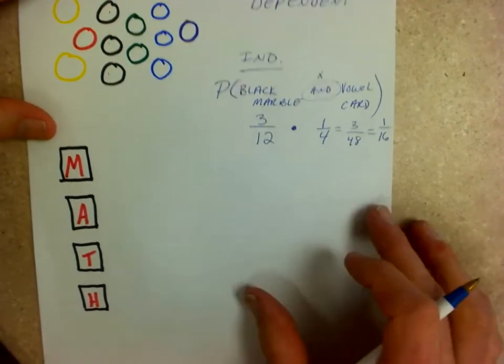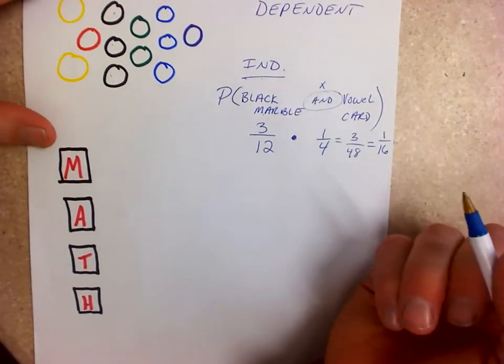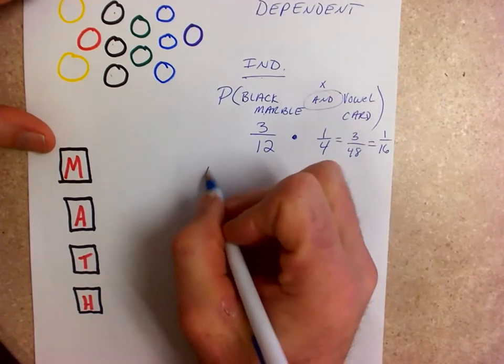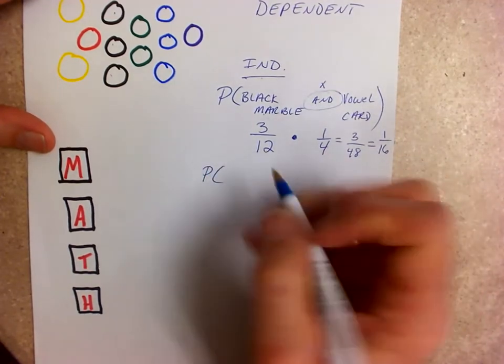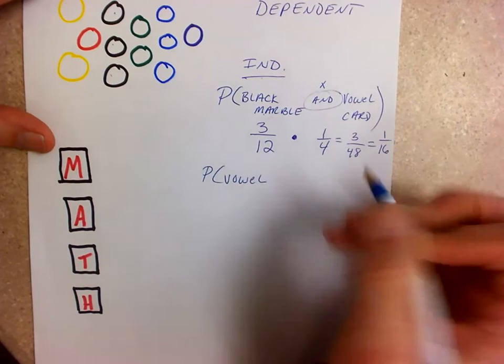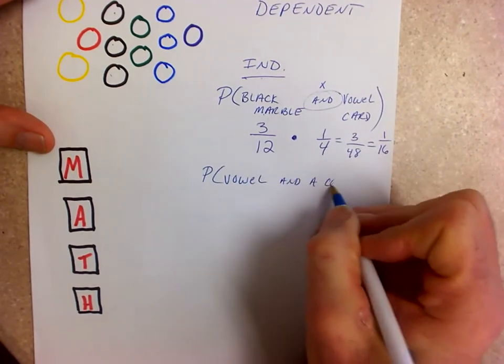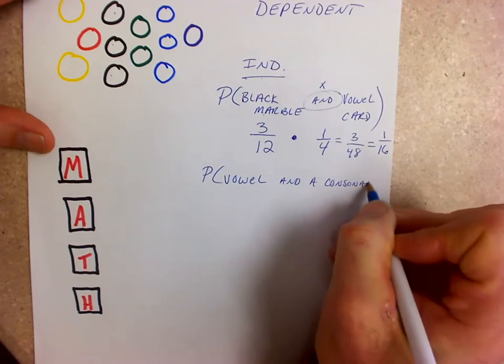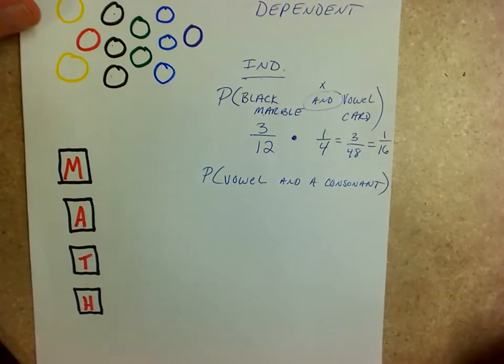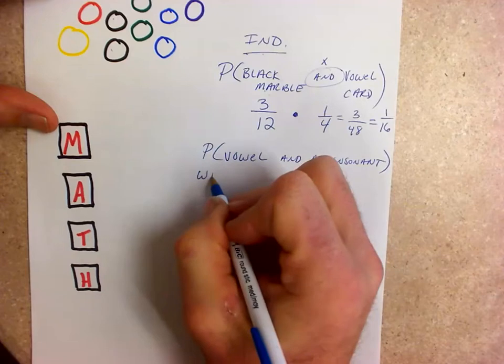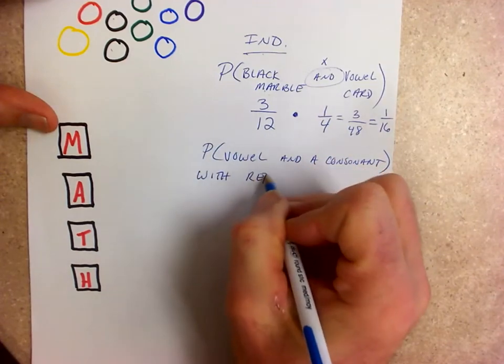Another type of independent would be, what's the chances we pick a vowel followed by a consonant, in that order? And this is with replacement.